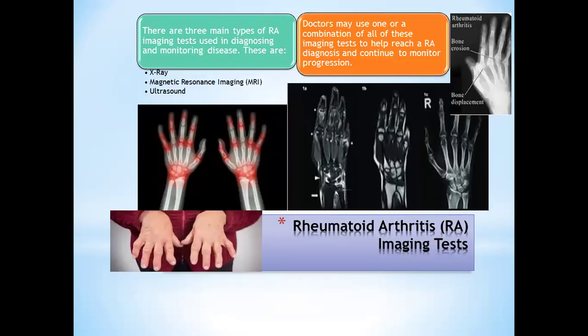You can see imaging tests for a patient with rheumatoid arthritis. Here you can see fingers. There are three main types of rheumatoid arthritis imaging tests used to diagnose: X-ray, MRI, and ultrasound.